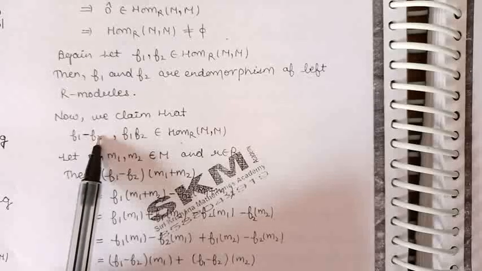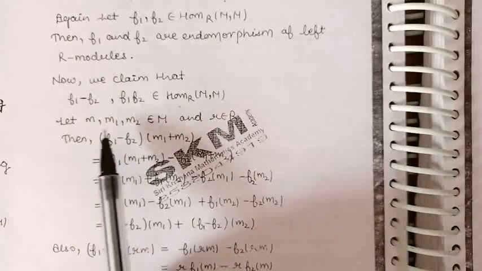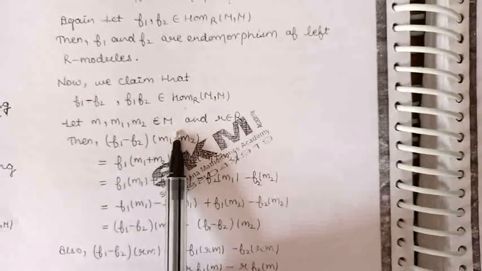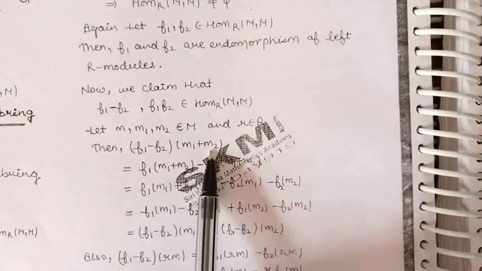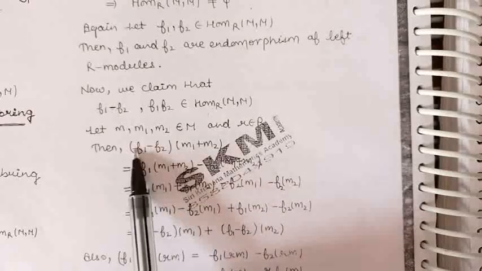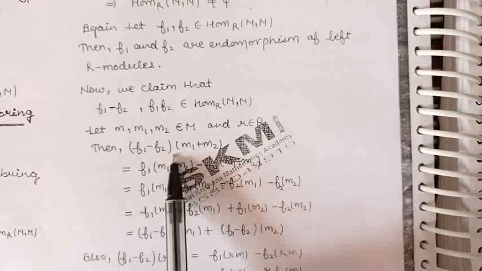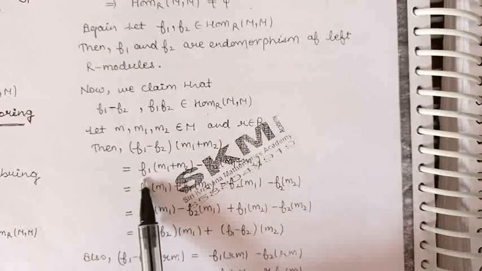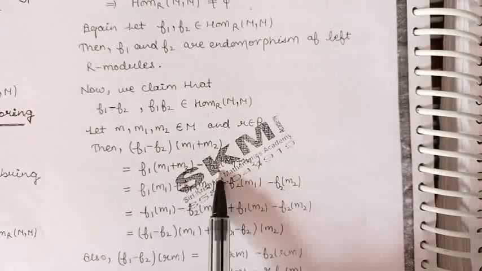So let us verify the conditions for homomorphism of modules. First condition: let us take two elements M1 and M2 belonging to M and we find the image of M1 plus M2 under the mapping F1 minus F2. Now this can further be written as the image of M1 plus M2 under F1 minus the image of M1 plus M2 under F2.